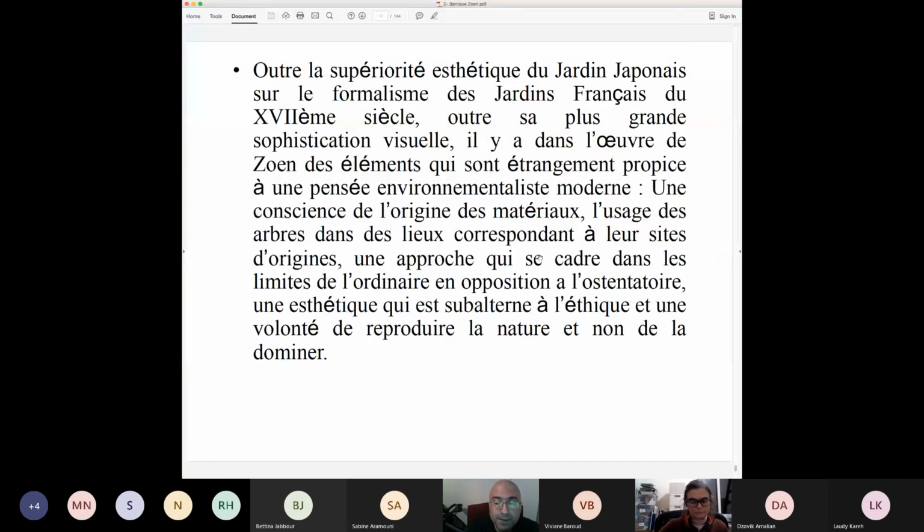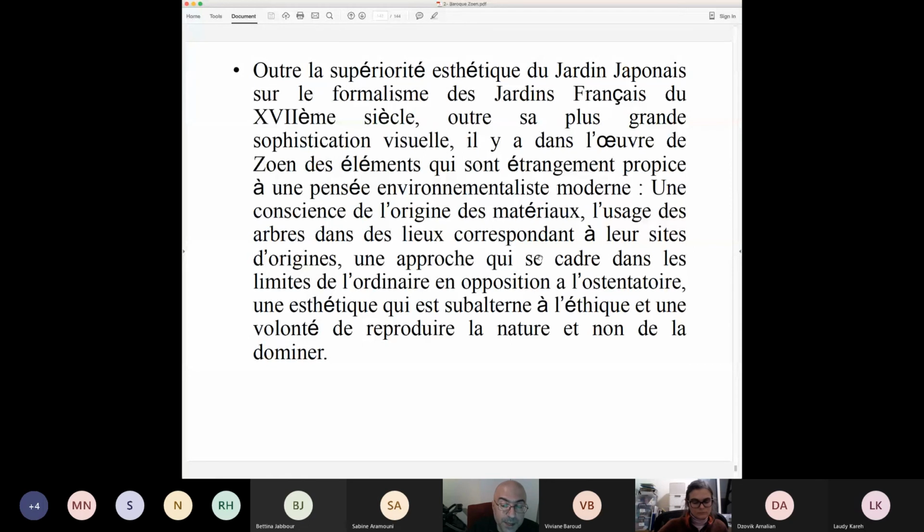There is an effect in Katsura and in other Japanese gardens of aesthetic superiority over the formalism of the French Renaissance gardens. I will allow myself this subjective opinion. Why?